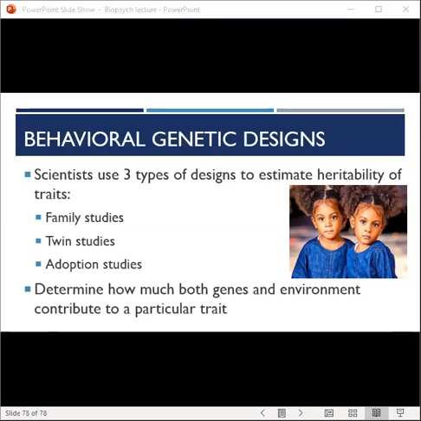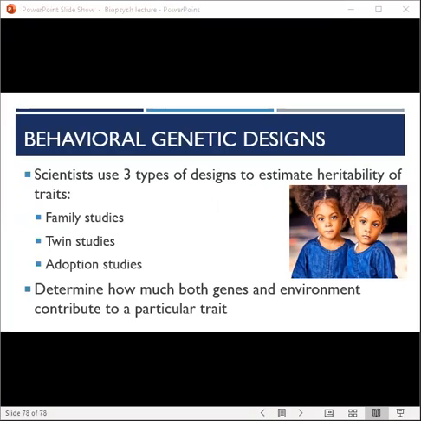Twin studies compare both identical twins who share 100% of their genes and fraternal twins who share 50% of their genes. And so what these studies can tell us is if there's greater similarity on a characteristic among identical twins, that suggests that the characteristic is likely genetically influenced. Adoption studies examine the extent to which adopted children share traits with their adopted families as opposed to their biological ones.